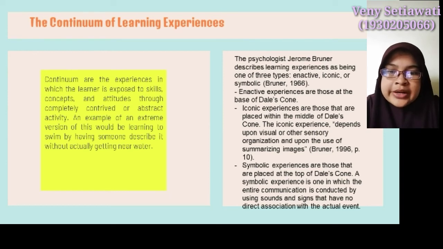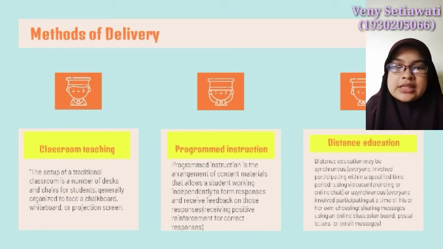A symbolic experience is one in which the entire communication is conducted by using sounds and signs that have no direct association with the actual event. For example, languages are symbolic communication systems. The words we speak or read may arbitrarily represent concepts and real things, but they do so by completely artificial means. Next, method of delivery.